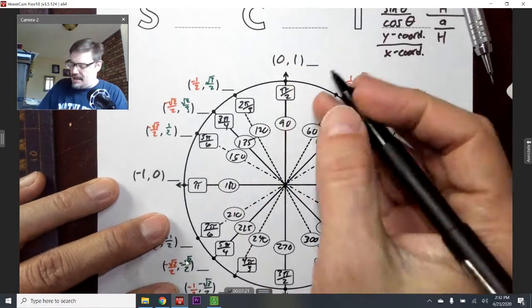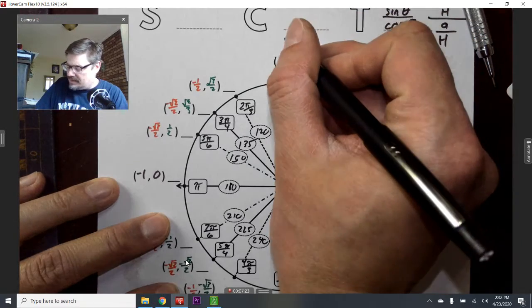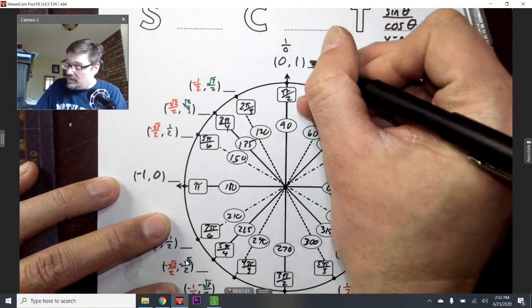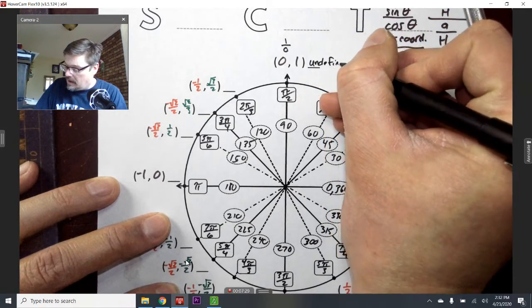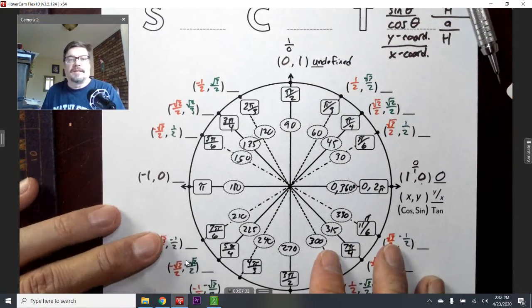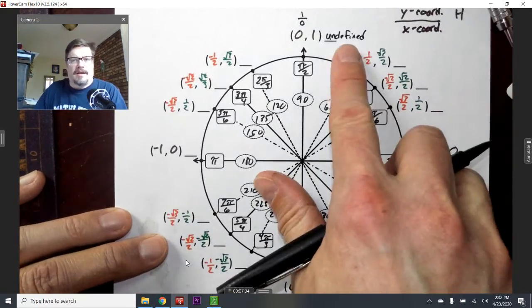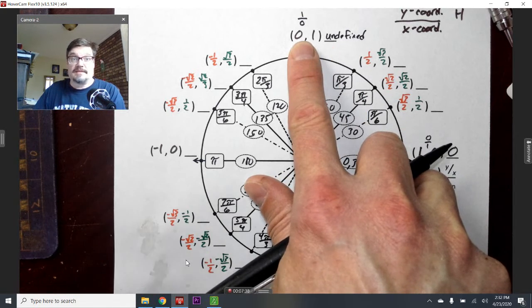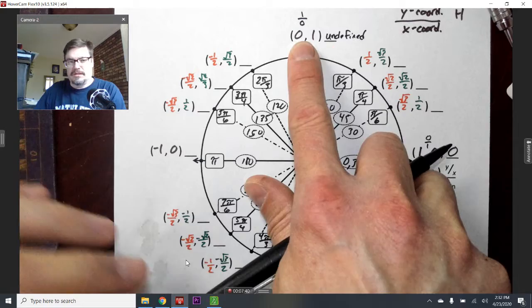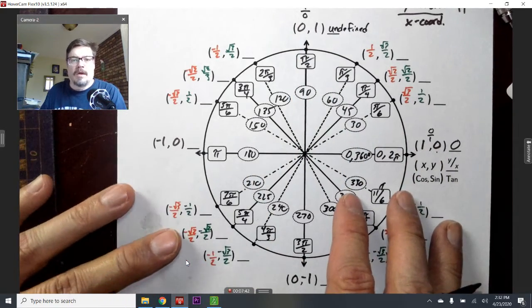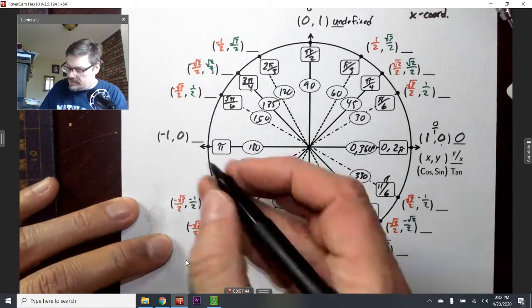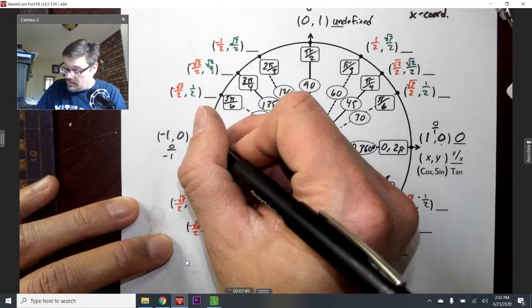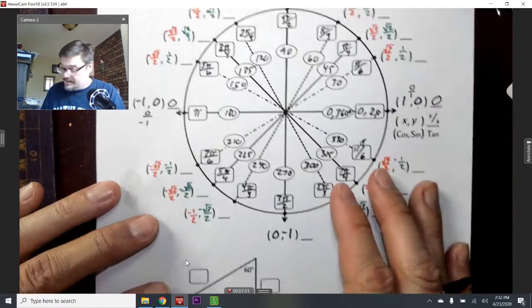Here we have kind of an issue because we have sine over cosine, and you cannot divide by 0, so we call that undefined. When you graph tangent, that creates an asymptote here because you cannot divide by 0. Now, we'll graph tangent next week. Alright, so now we go here. So this is going to be 0 over negative 1. It doesn't matter that it's negative. It's just going to be 0. So tangent is 0.